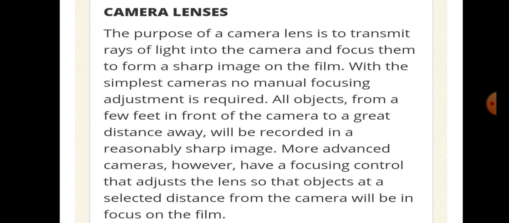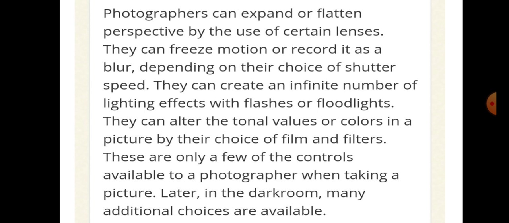And so here when we talk about the traditional camera and the digital camera, we could see that we can get clear images or clear pictures, right, by the digital camera. Photographers can expand or flatten perspective by the use of certain lenses.